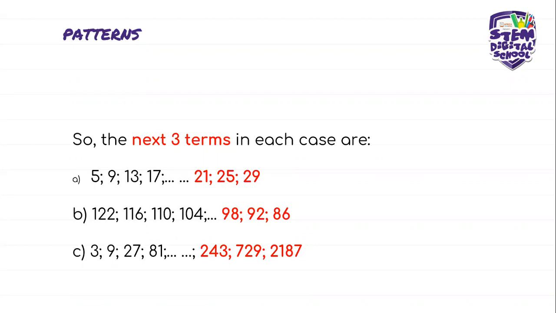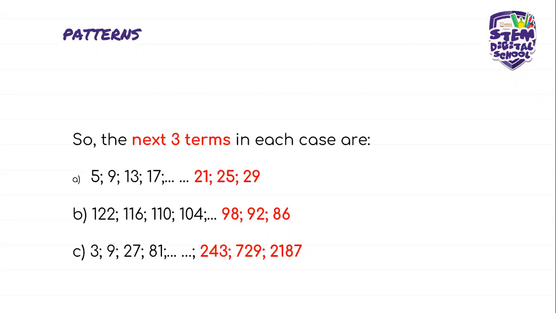Just by looking at the pattern, you can see that from 5 to 9, we have added 4, because 5 plus 4 gives you 9. And then from 9 to 13, you also do the same, because 9 plus 4 gives you 13. And then from 13 to 17, again, you add 4, because 13 plus 4 gives you 17.